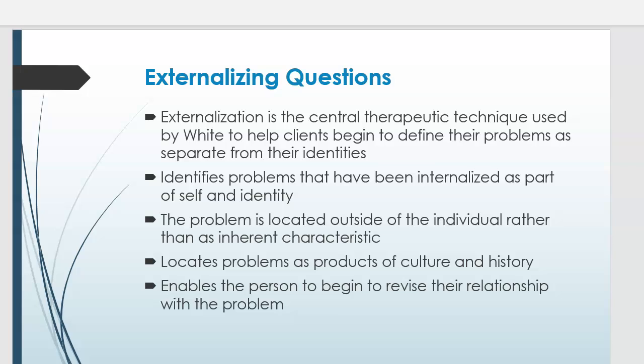So problems are located as products of culture and history. Think about that for a moment, and think about how we've talked about the importance of social context. This is where the environmental factors, relationships, sources of oppression, sources of discrimination, and the ways that these forces are internalized in ways that are negative and have deleterious impacts on our client need to be acknowledged.